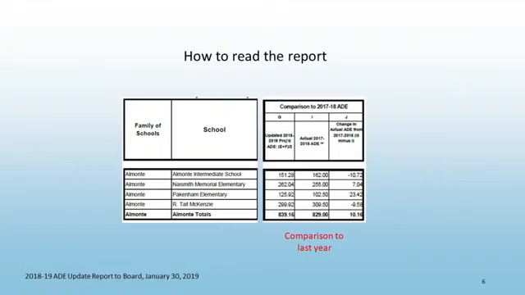So in this part of the table you can see again under column G, the updated projected ADE that we talked about before, the 839, and we can see to the right of that under column I that the actual ADE for the Almont family of schools in 2017-18 was 829. So this year, our projected ADE is 10 higher than what was in place actually last year for 2017-18. So that's the purpose of that part of the report.